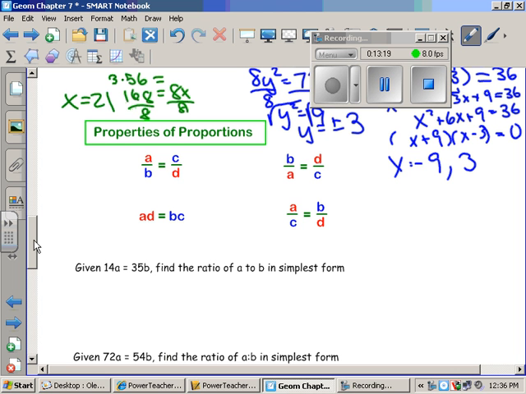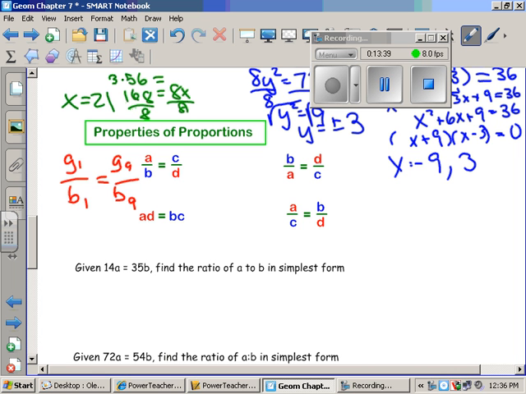So, like for instance, if I had the girls from period 1 and the boys from period 1 were in the same proportion as the girls from period 9 and the boys from period 9, that would make a ratio.